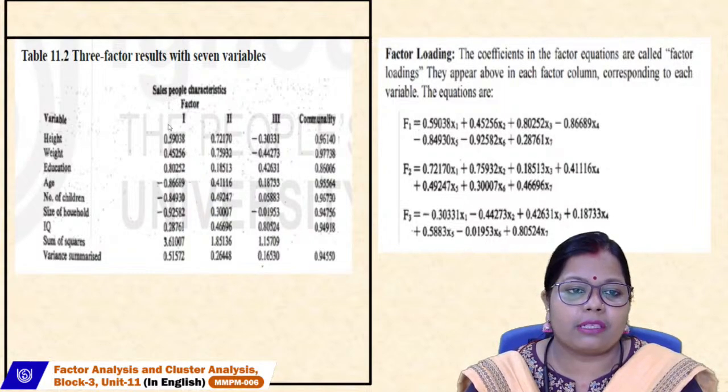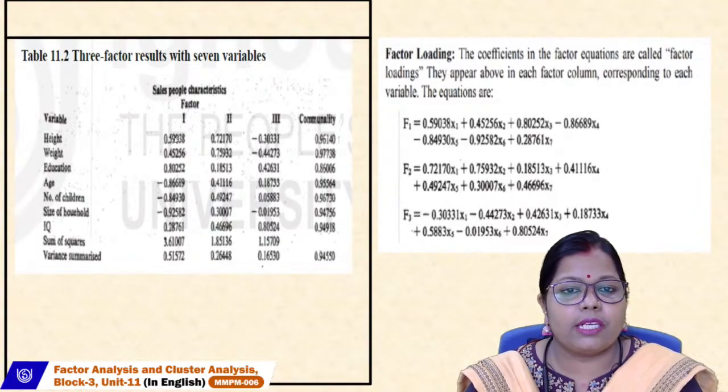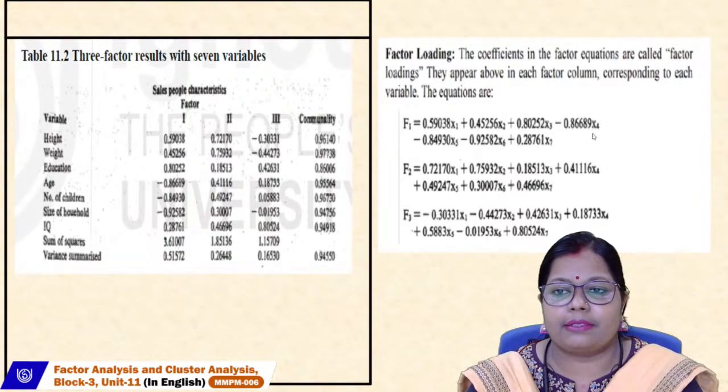F1 means factor 1. The coefficients, as we have said, the factor loading, is nothing but the coefficient that we have calculated here in the correlation matrix. So here the correlation with x1, this is for x2, this coefficient into x3, this variable into x4, this variable into x5, then x6 and x7.